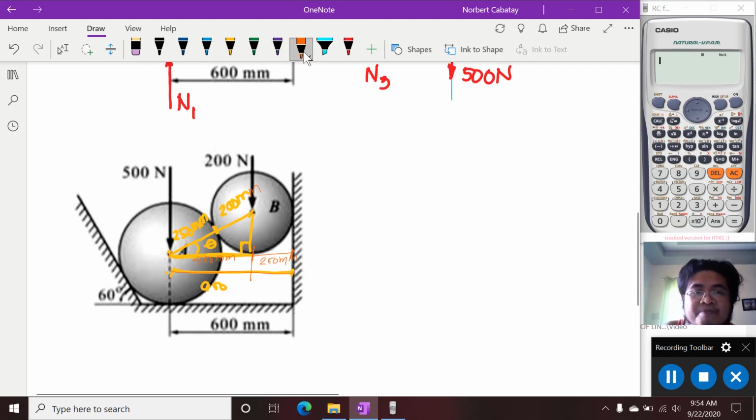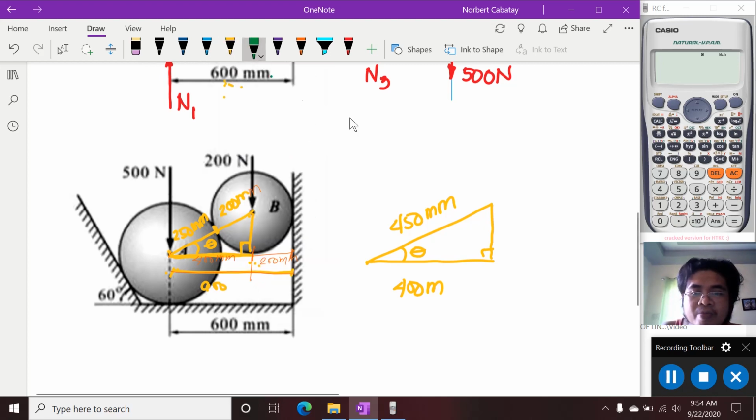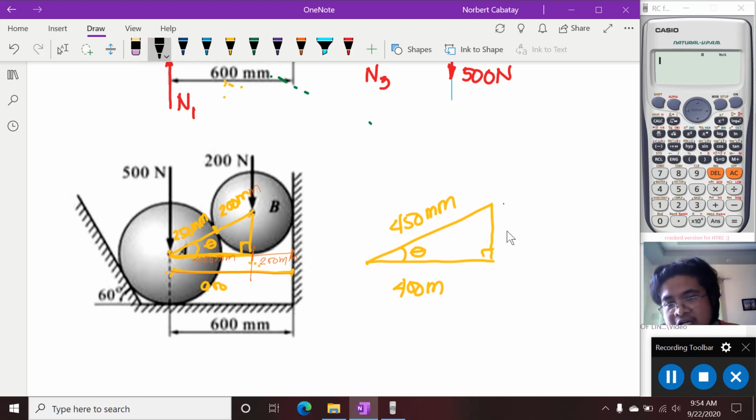So, therefore, ang triangle na meron ako for the angle, if this is the theta we're looking for, ito ay 450 millimeters. Ito ay 400 millimeters, kasi it's 600 minus 200. So, solving for that, siguro ay cosine. Cosine of theta, kasi ito ay adjacent.